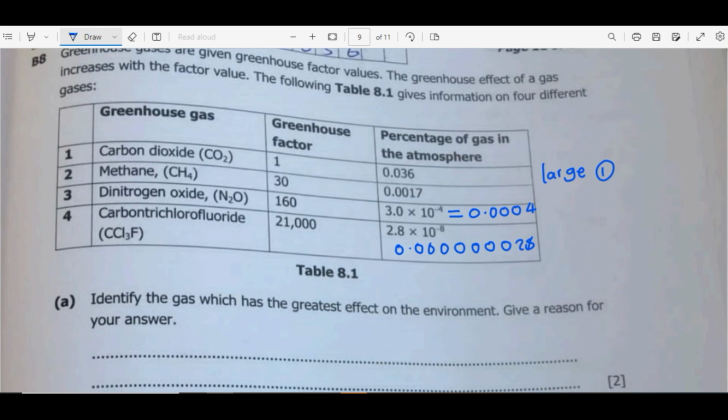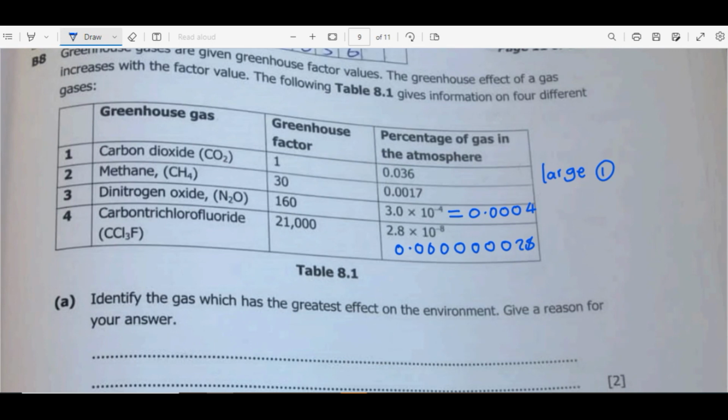Question A, identify the gas which has the greatest effect on the environment. Give a reason for your answer. If we go by the greenhouse factor, it could be carbon trichlorofluoride, but in terms of the occupation of the gas in the atmosphere, the percentage is so small.